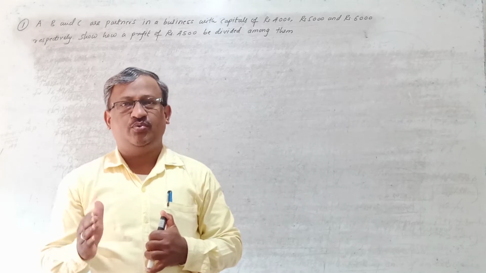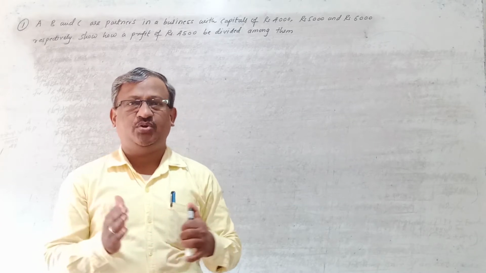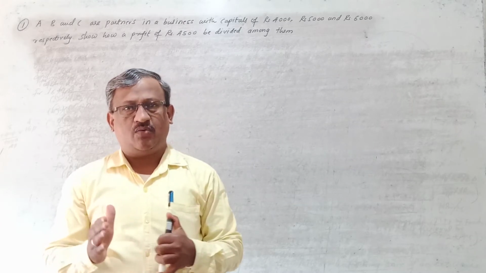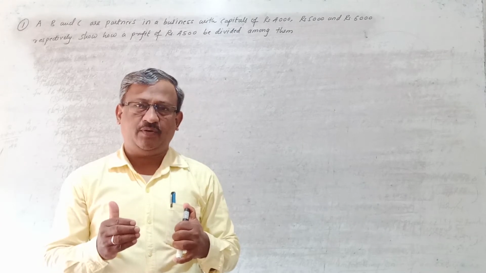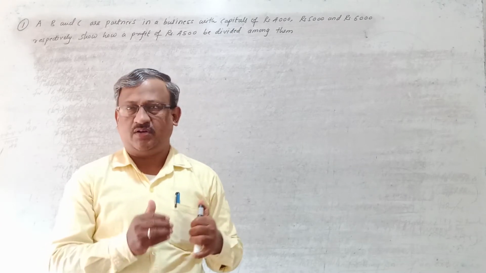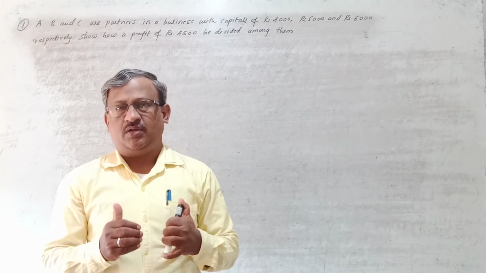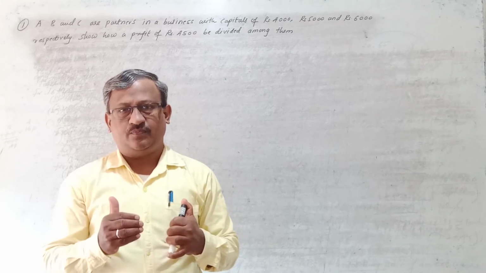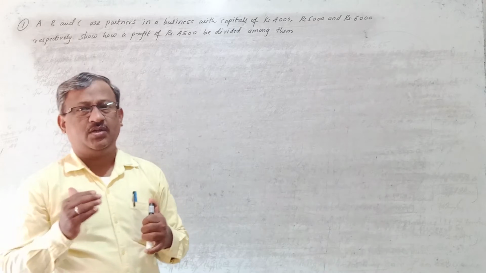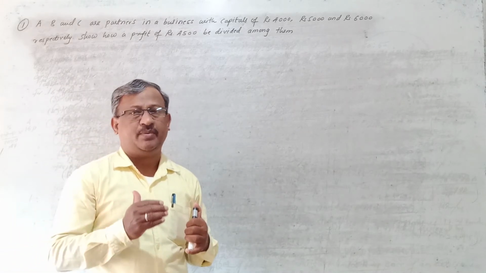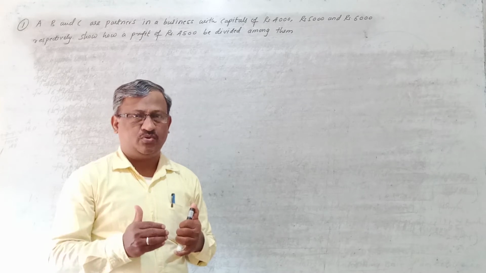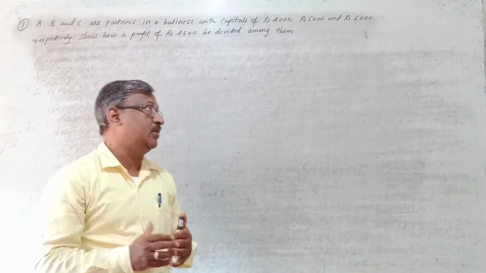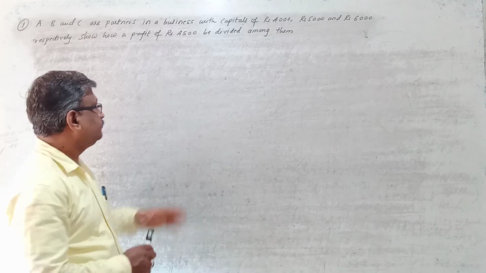We should not distribute equally as we do in accountancy, where if the ratio is not given we distribute the profit equally among the partners. Here it is not like that. Until they give the ratio, we distribute the profit in the capital ratio. If they give a ratio, we distribute in the given ratio, otherwise always in the capital ratio. You have to remember this point.